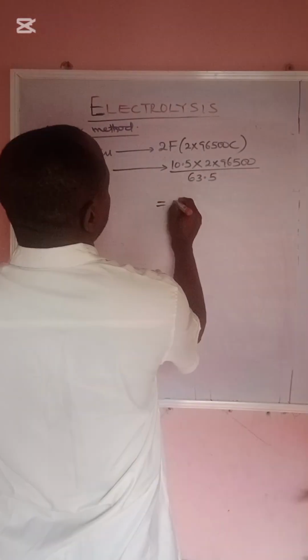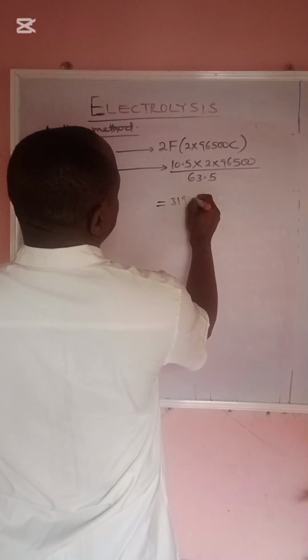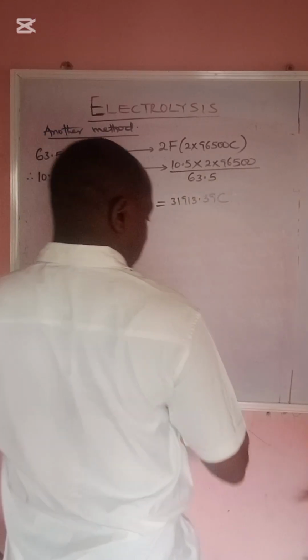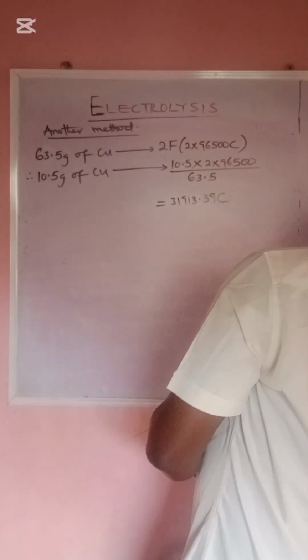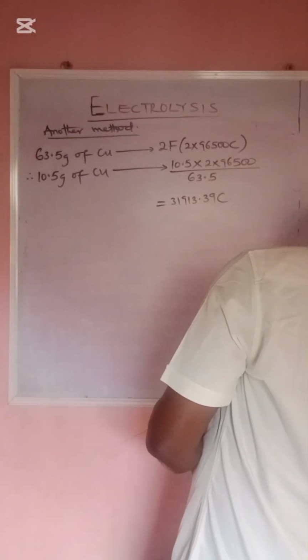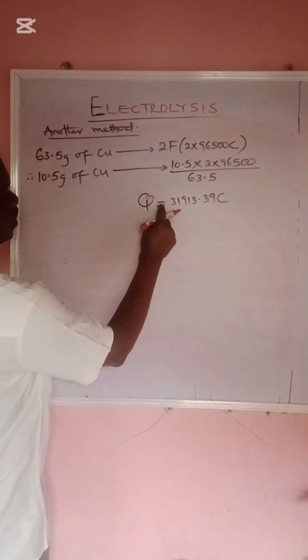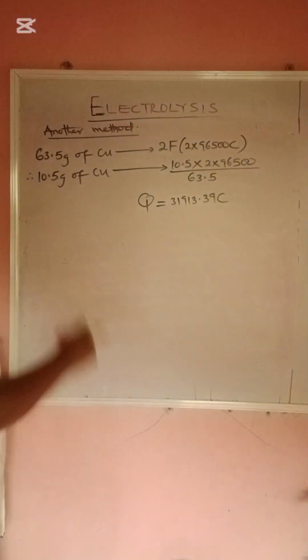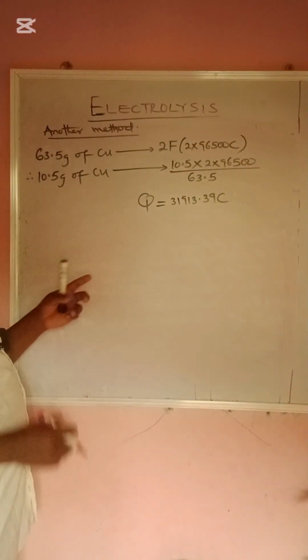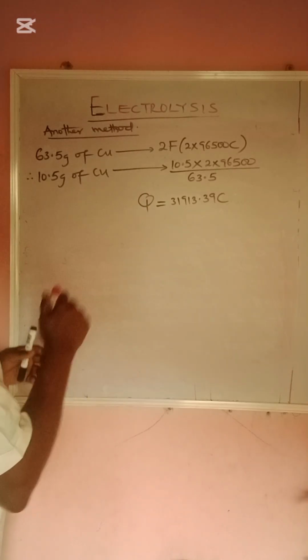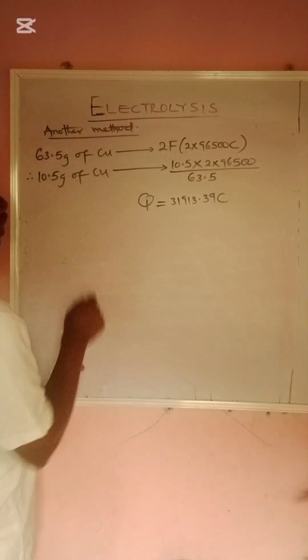The answer is 31913.39 coulomb. That is the quantity of electricity required to deposit 10.5 gram. In Faraday's second law, the same quantity of electricity is passed, that's what the law is saying.